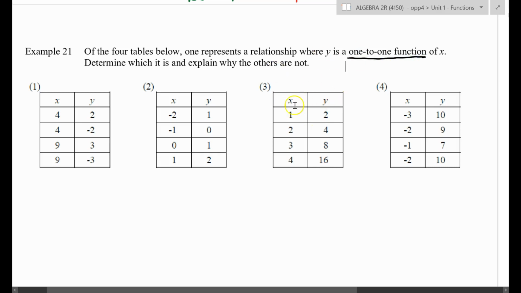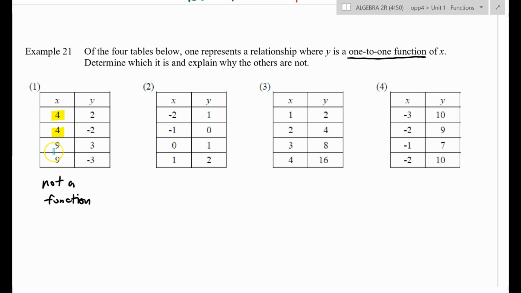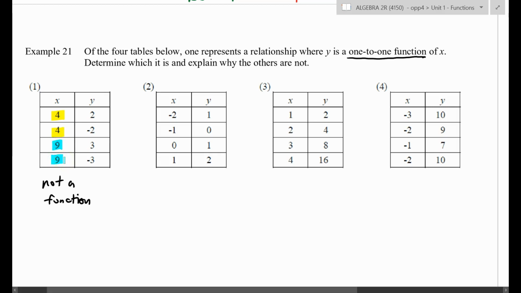The first question is, is choice 1 a function? Not a function. And it's not a function because of that. Also the 9s. So it's either the 4s or the 9s.